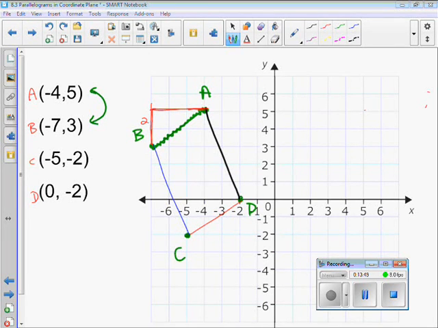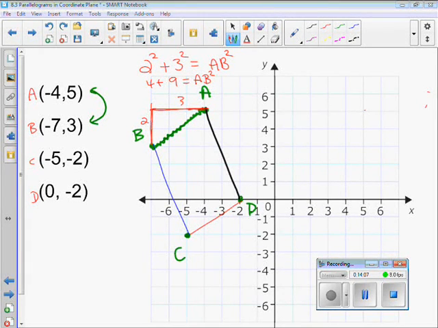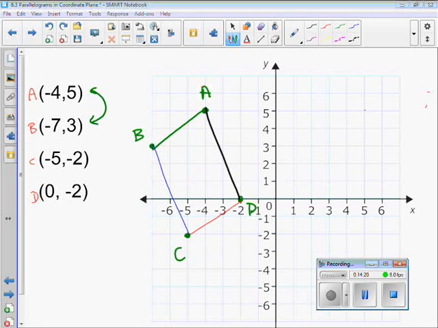And I could count my sides and say that's a 2 and that's a 3. And I could use Pythagorean theorem to calculate what that AB is equal to. Remember, it's squared. And so this ends up being 4 plus 9 equals AB squared. And 4 plus 9 is 13 equals AB squared. And if I take the square root of both sides, I get AB is equal to square root of 13, the same way.